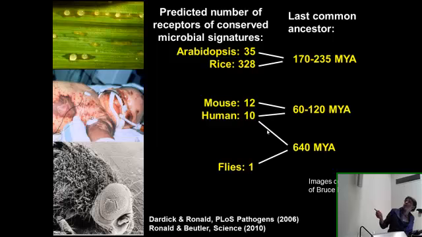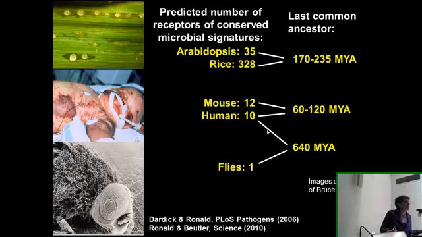Arabidopsis is predicted to have 35, and we predicted the number of receptors based on this non-RD motif. So far, there seems to be 100% correlation with the non-RD motif, with a role in recognition of conserved microbial signatures, but there may be more, or maybe we got something wrong. But based on this, we estimate there's 35 in Arabidopsis, but look at rice, 328.